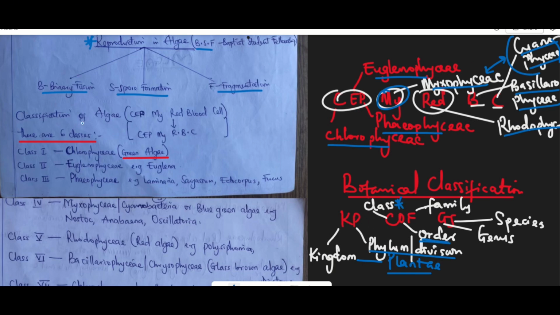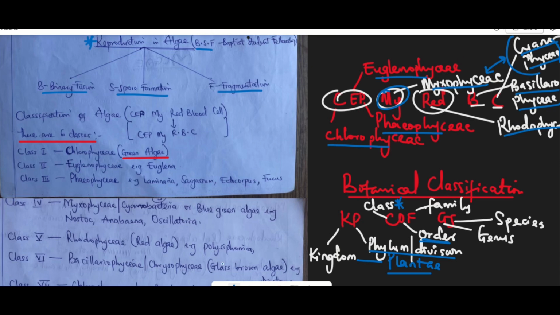So for Chlorophyceae, which is number one under the classes of algae, if we divide it further, we're going to get six orders. Okay, we have 1, 2, 3, 4, 5, then the sixth one here. So these are how we classify the orders of Chlorophyceae.